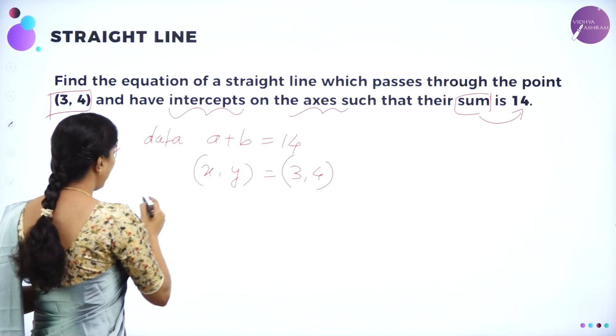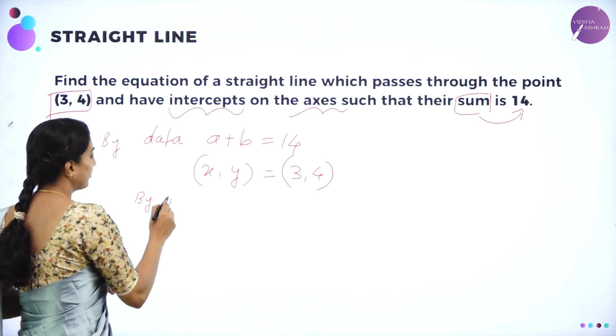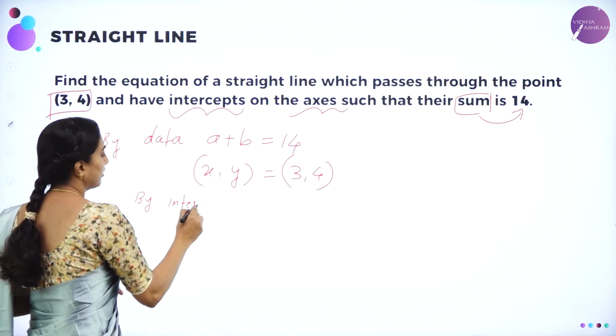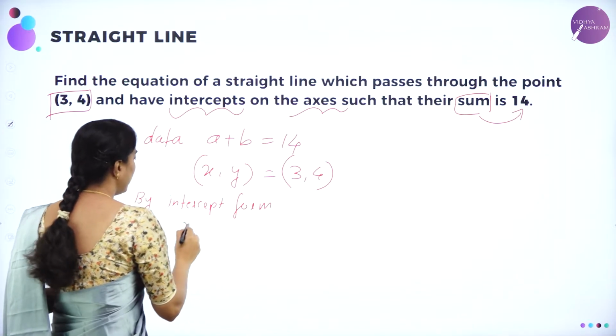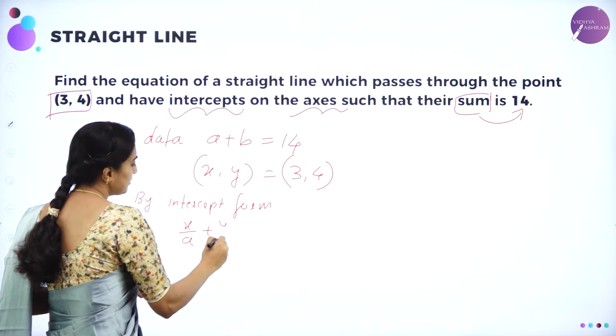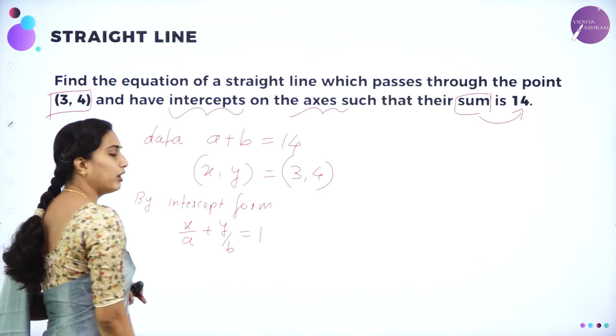Now you can use the intercept form. What is the intercept form? X by A plus y by B is equal to 1.